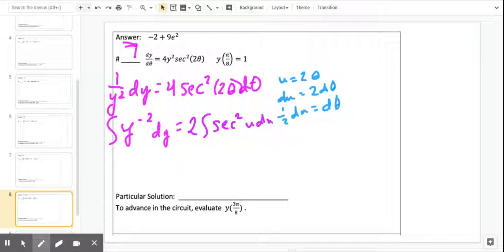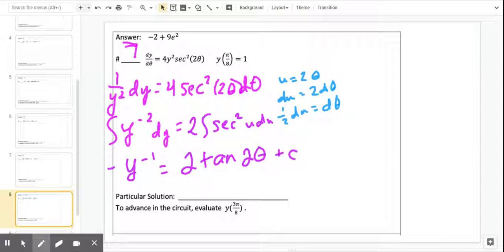Okay, so then power rule over here, you add 1 to the exponent, so that's -1, and then divide by -1. So that's going to give us -y to the -1st equals 2. The antiderivative of secant squared is tangent of u, but I'm going to substitute 2 theta back in. So tangent of u, which is 2 theta, plus c.